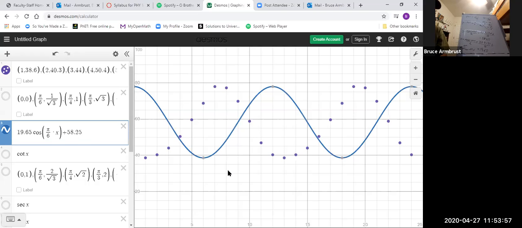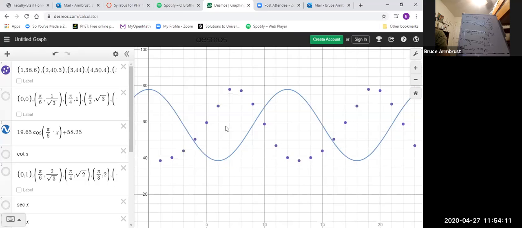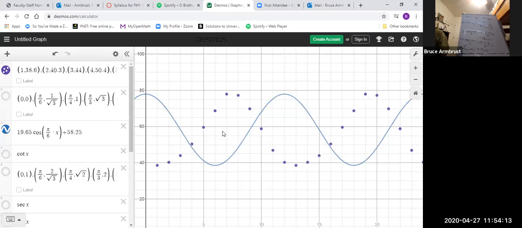All right, so on the screen, you can now see the data, so our purple dots, and the graph of this thing without a phase shift. Let's pull it over here a little bit.